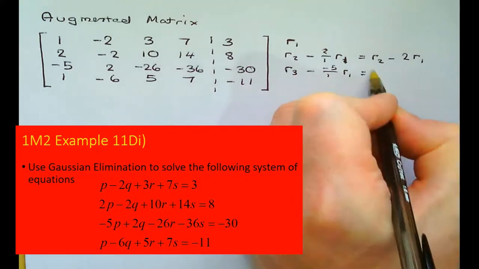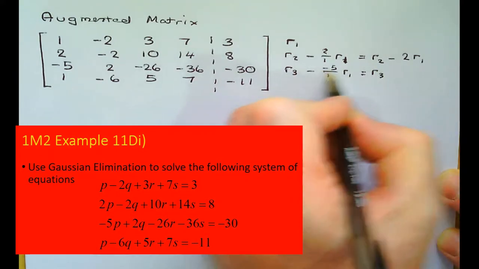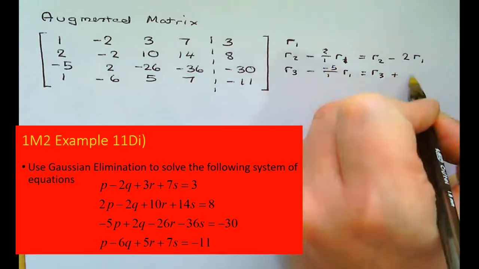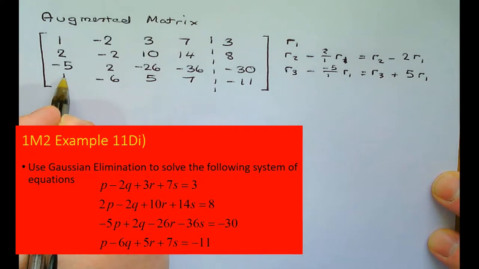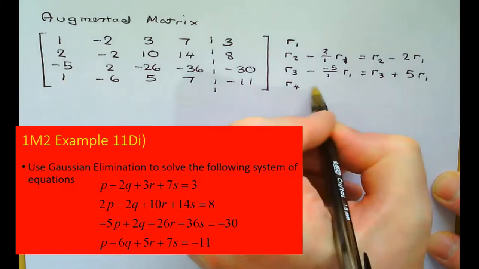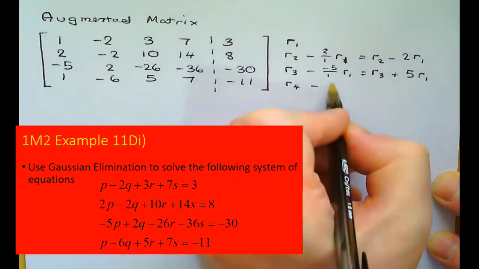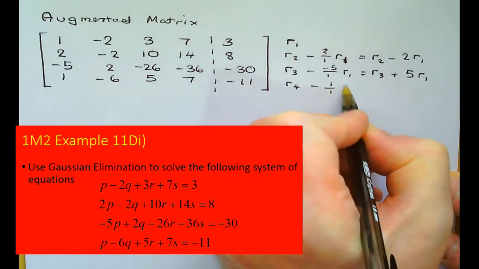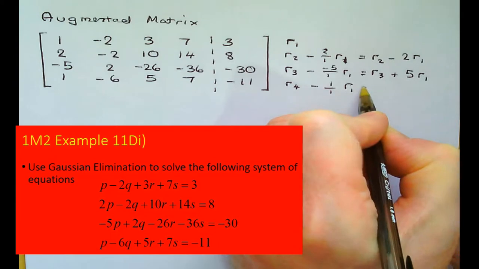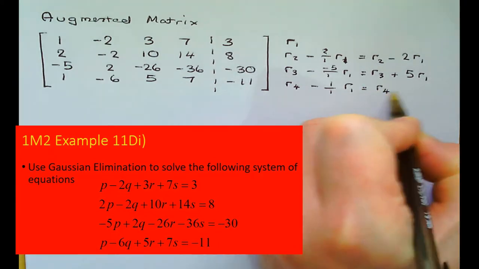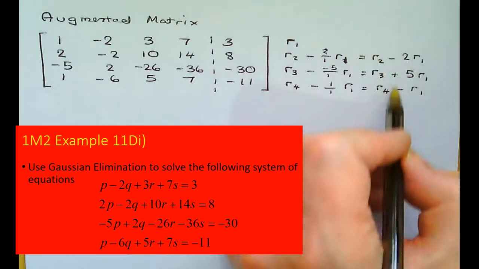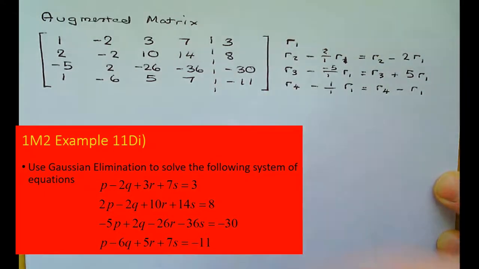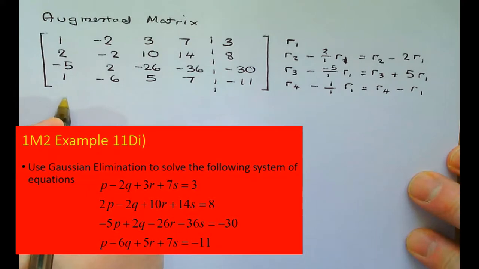That is, we'll have row 3 plus 5 row 1. And then we'll have row 4 minus a multiple of row 1, 1 over 1. So that is row 4 minus row 1. Those are the row operations we're going to do. First row stays the same.